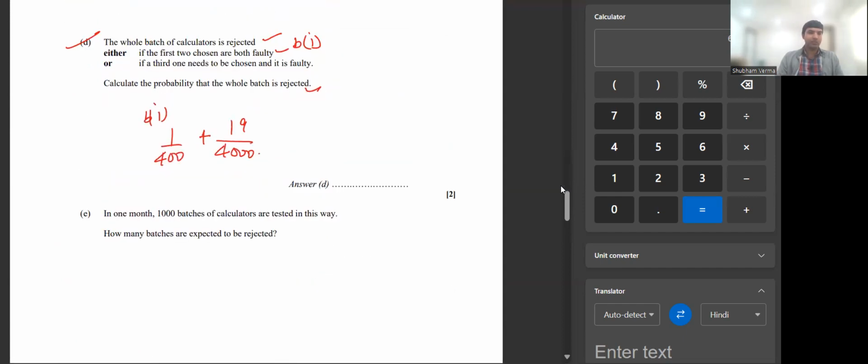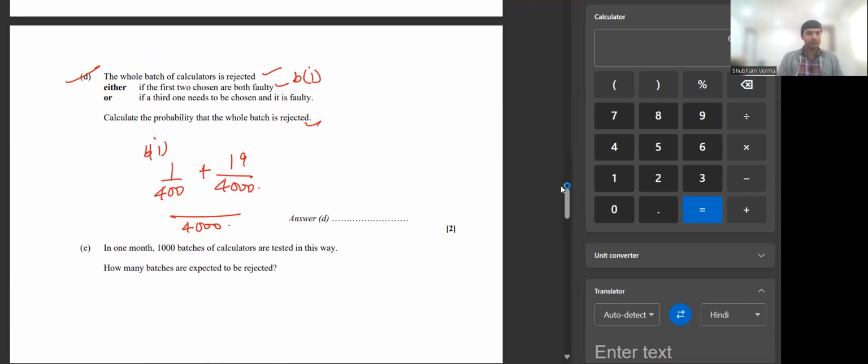Now what is the LCM of 400 and 4,000? It is 4,000 itself. So I have to multiply here by 10, so here we get 10, and 10 plus 19 gives 29 divided by 4,000. That is the answer.